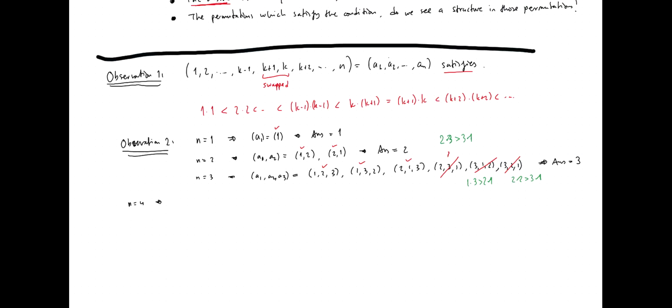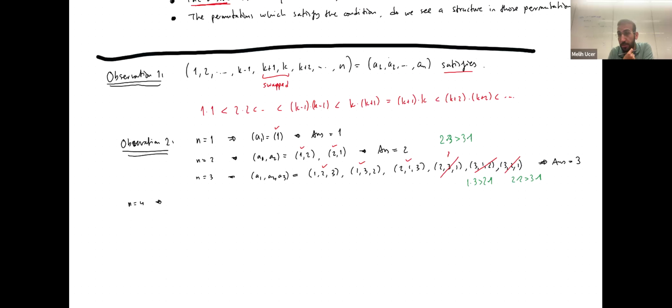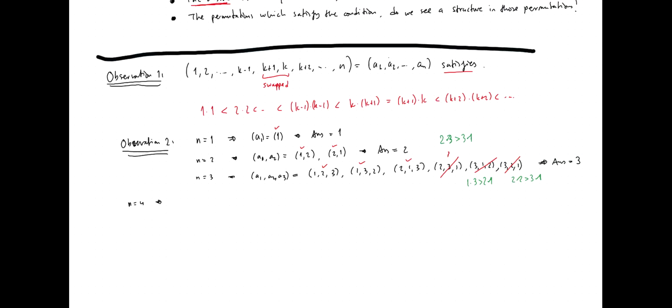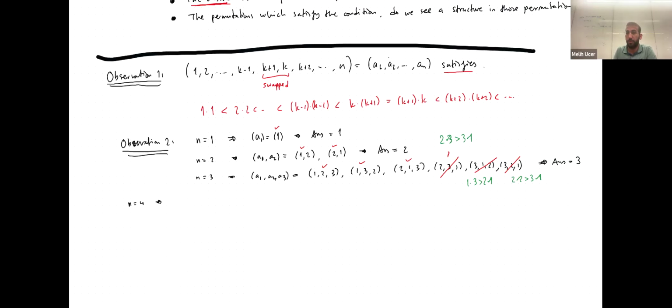The last two elements are n and n minus 1, in any order. In general, for n equals 4. So, is it a conjecture or something you have proven?